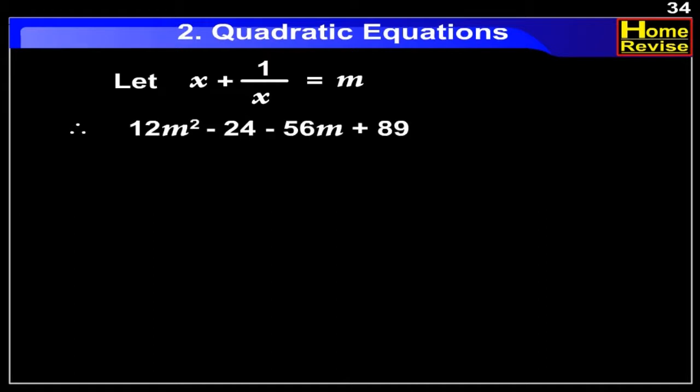Therefore, 12m² minus 24 minus 56m plus 89 is equal to 0. Therefore, 12m² minus 56m plus 65 is equal to 0.